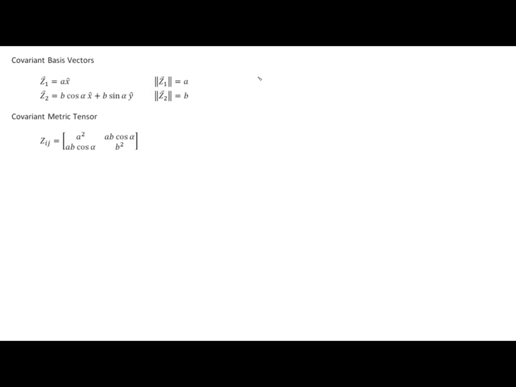Now for the metric equation, remember it's ds squared equals zij dzi dzj. We'll just run through it quickly. ds squared is equal to z11, which is a squared, times dz1, which in this case is du, and dz1, which is also du.